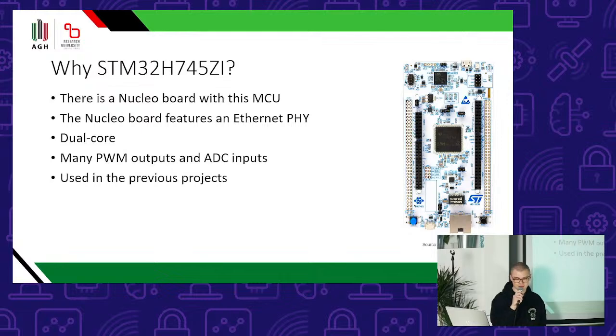The MCU also has multiple PWM outputs and ADC inputs, and we need plenty of them because we need to control the thrusters and servos with PWM, and also read temperatures and currents from all power converters, so that's what we need the ADC for. Also, this board has been used in all our previous projects, I believe, so we still have plenty of these boards lying around, and it's just fine for its job.